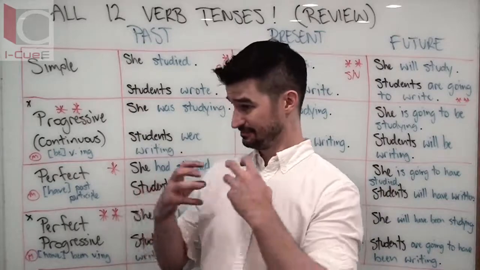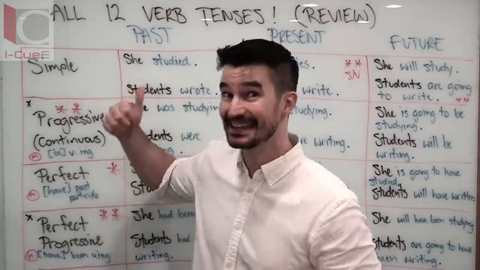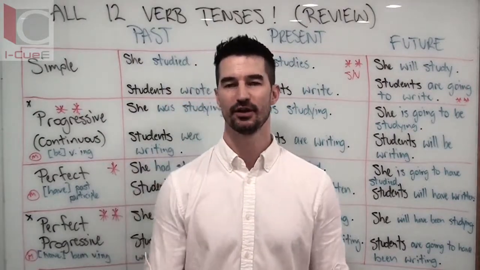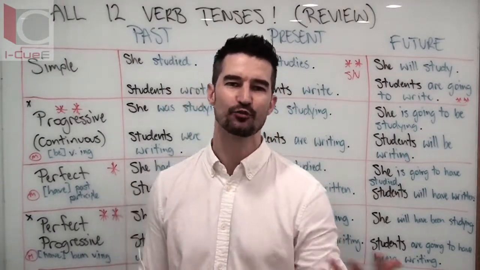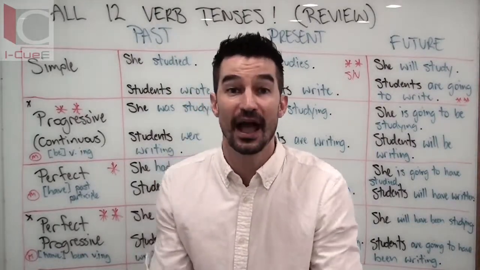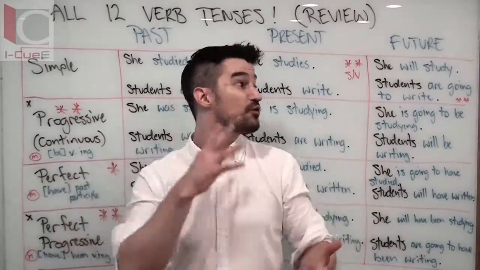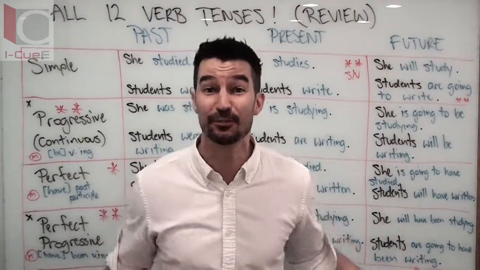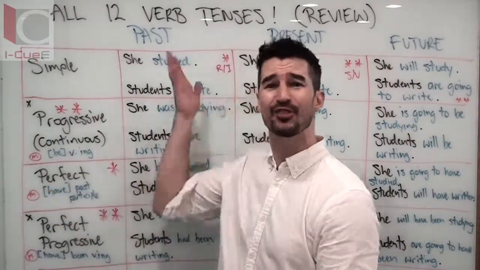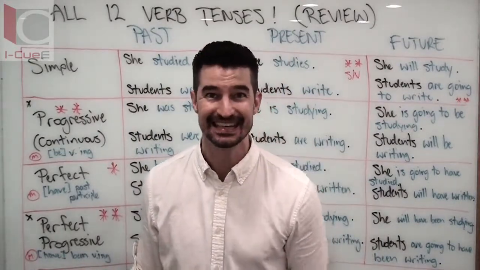Those are defined in the simple past tense, but I'm not doing all of this. If you don't know what the regular and irregular verbs are, or how to use any of these verb tenses, look at our previous videos. We've gone through all of these.